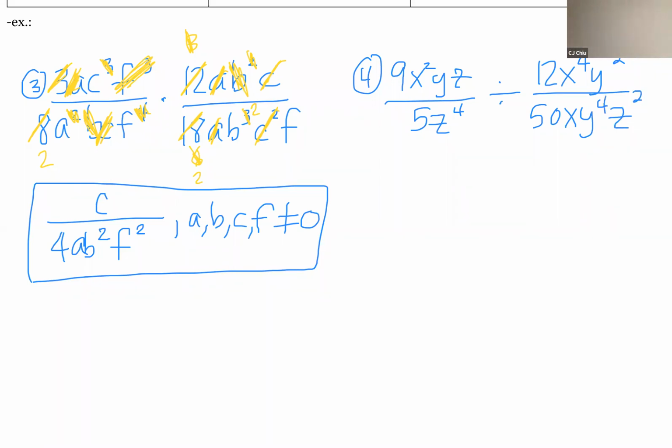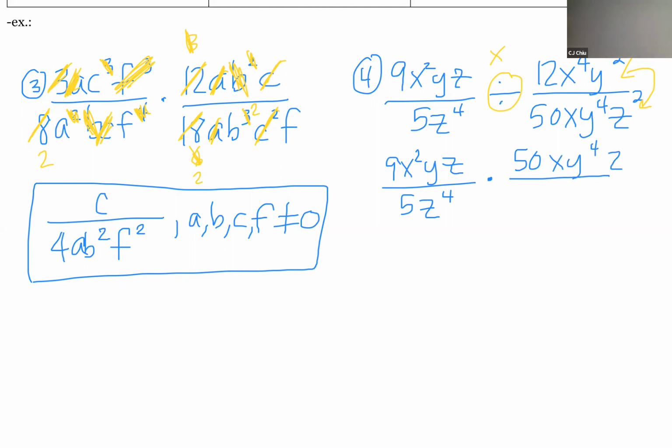The first thing to do for your division is to change this to multiplication and then flip this fraction, this rational expression. So 9x squared yz over 5z to the fourth, times 50x y to the fourth z squared over 12x to the fourth y squared.